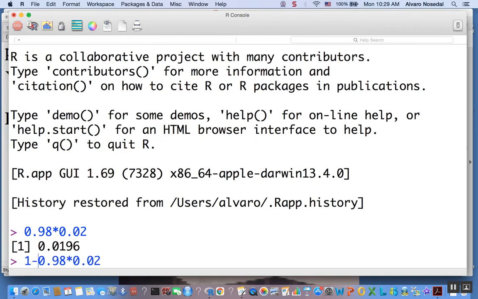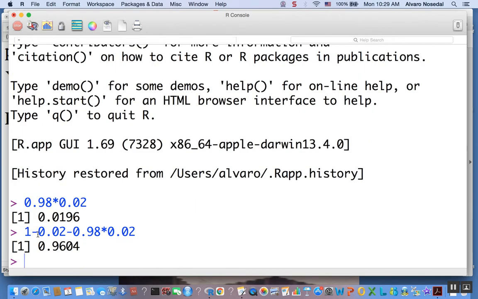So 1 minus 0.02, and this is our probability.